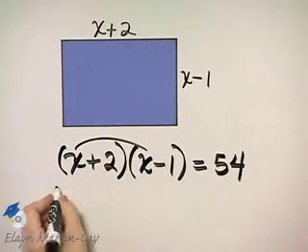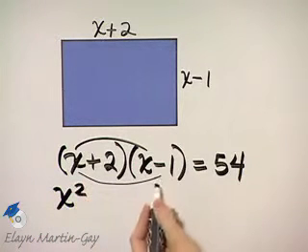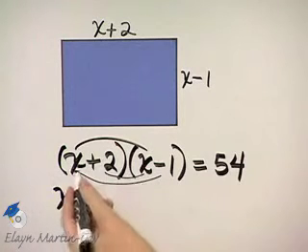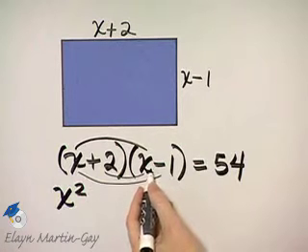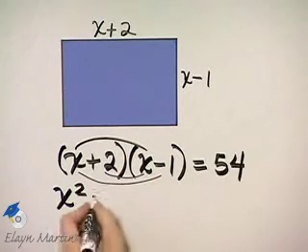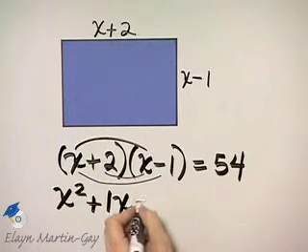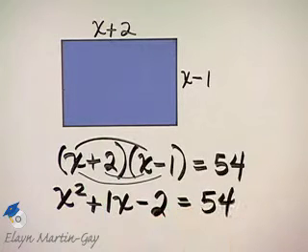X times x is x squared, and then this is negative 1x plus 2x, negative 1 plus 2 is 1, so I have plus 1x or plus x, then last times last, that's minus 2 is equal to 54, and now we will subtract 54 from both sides so that we have 0 on one side of our equation.